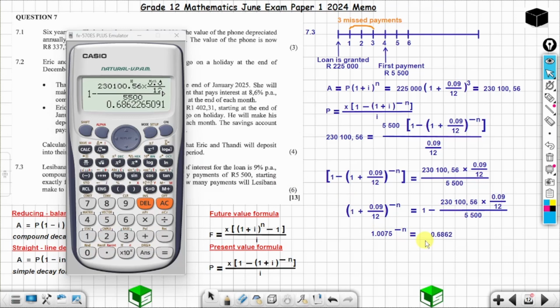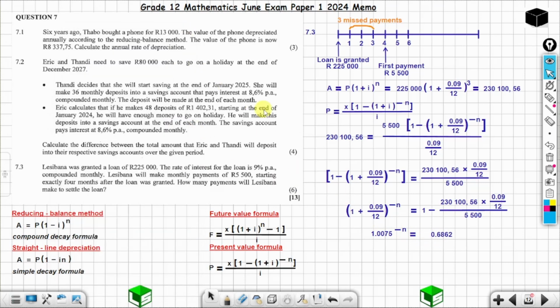Now you need n. You are going to introduce log. Okay, you are going to introduce log. You introduce log.